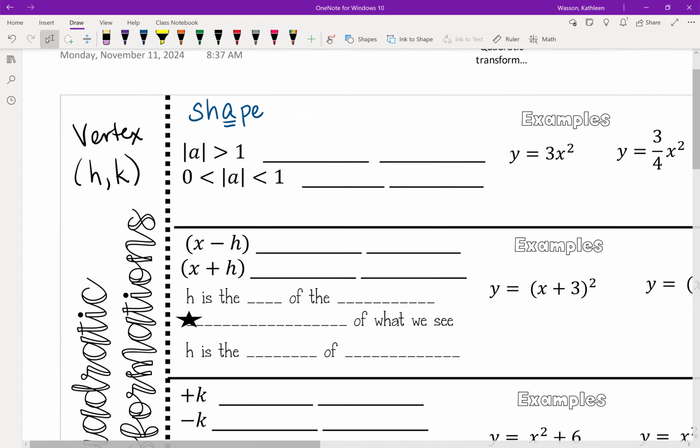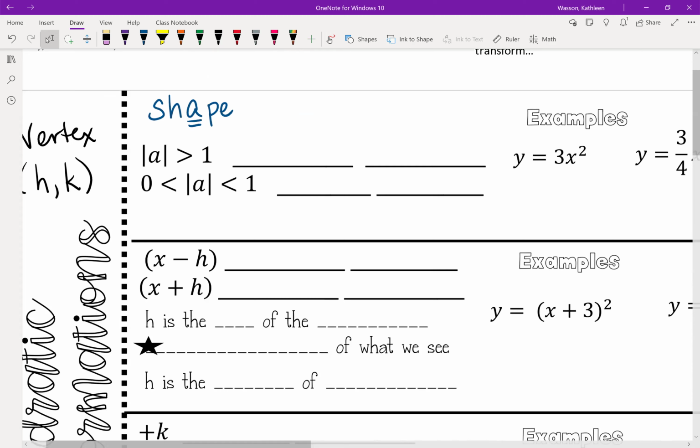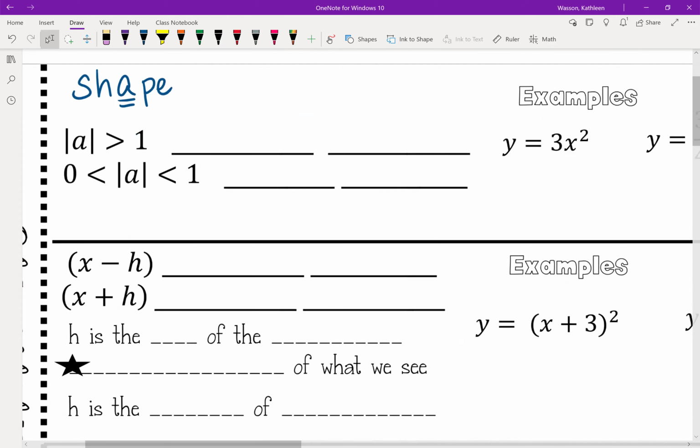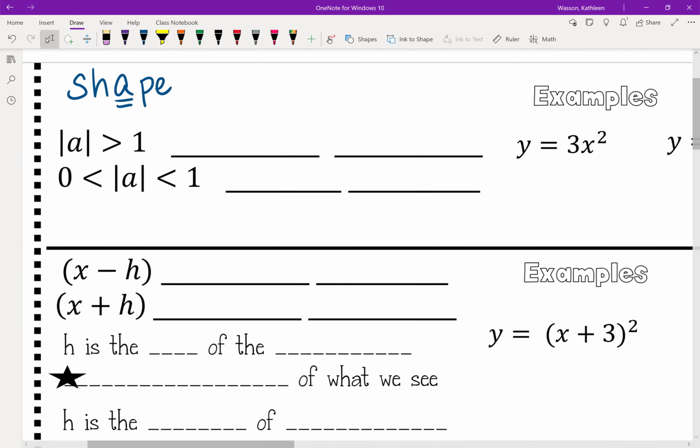Here, this is the inside of your notes, and I have a couple of examples to go with each variable that we're changing. a determines the shape of your graph. The original shape has a equal to 1.